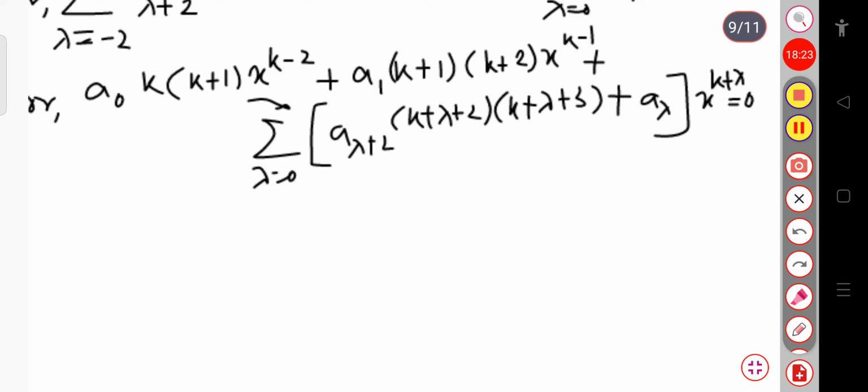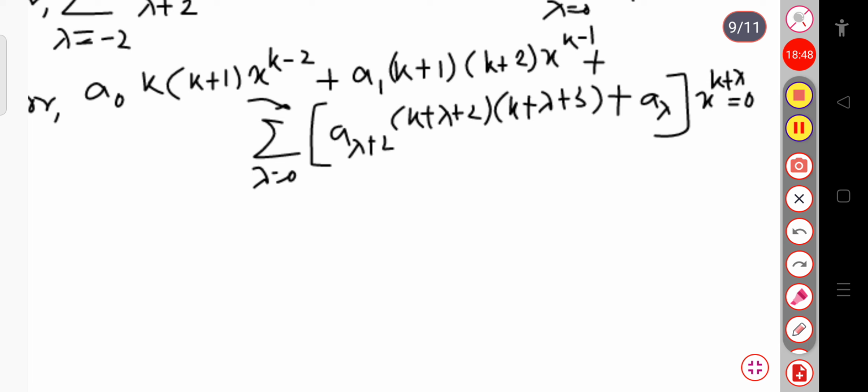Then what we have to do now, you can see here, if I equate the coefficient of the lowest power of x to be 0, then we get the indicial equation. Now for the first term, a0 into k plus 1, because this is the coefficient of x.